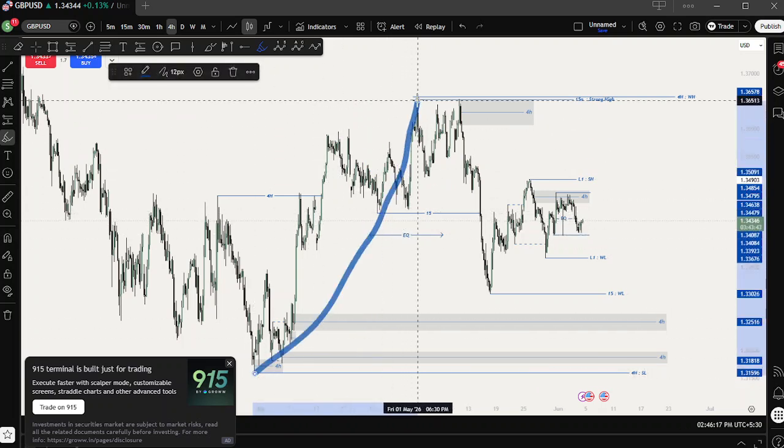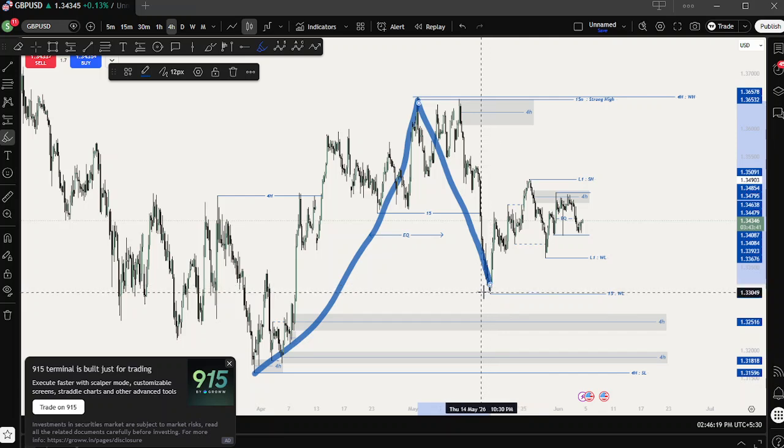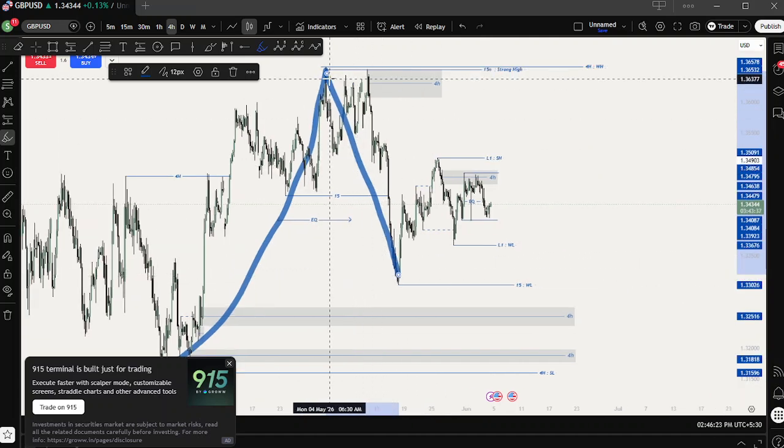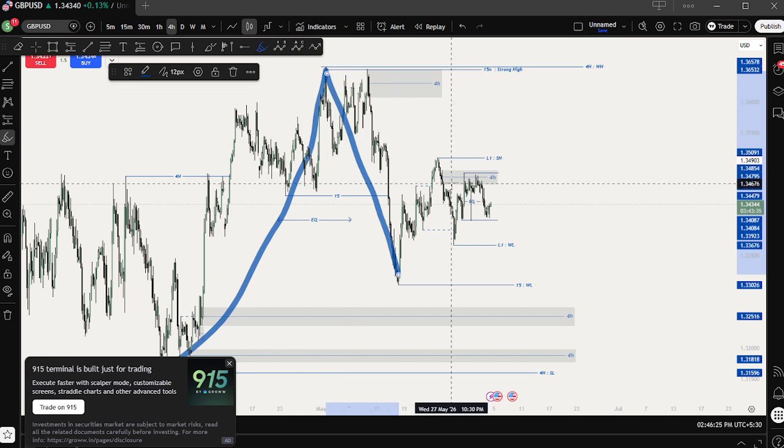So finally at this point we started our pullback, but due to the complexity of structure, our internal and external structure, in this particular scenario my internal structure would be the 15-minute, while my external structure would be the 4-hour. So now my internal and external structure are both opposite of each other.